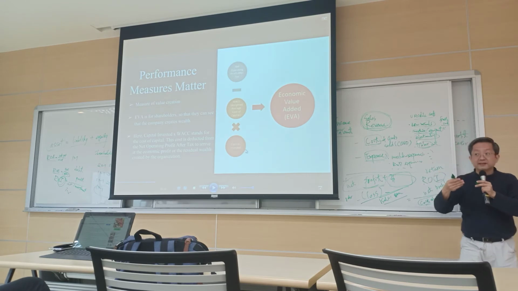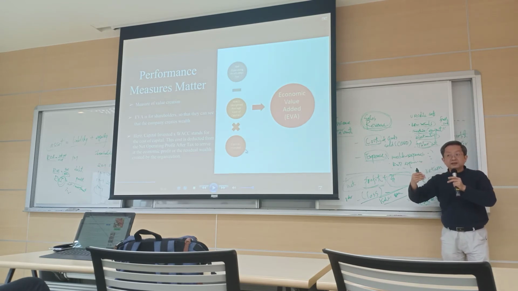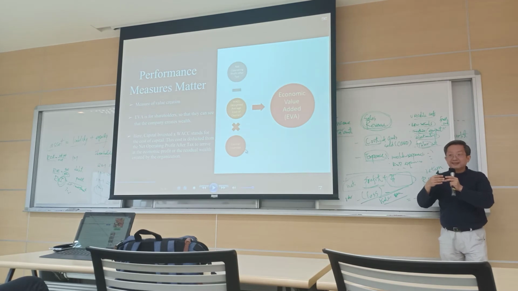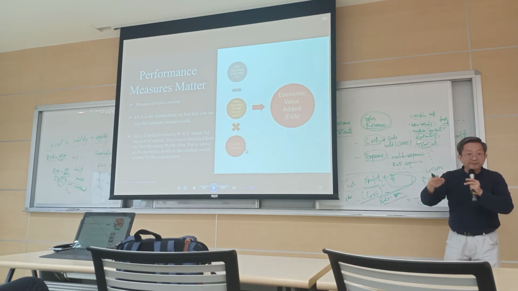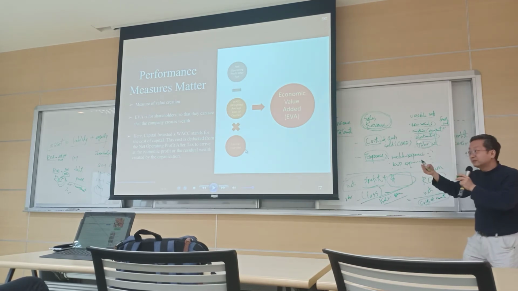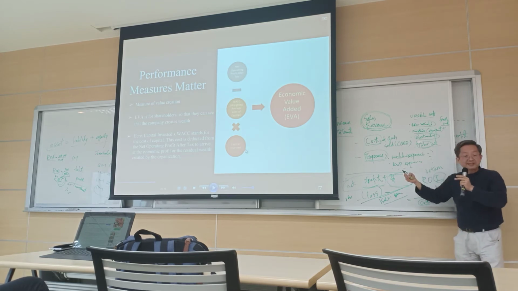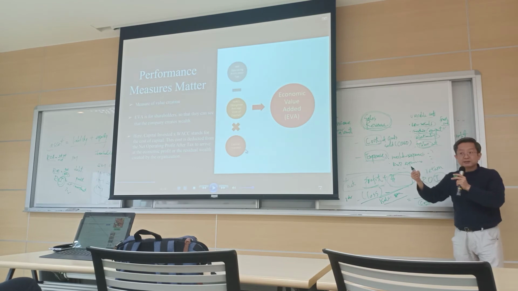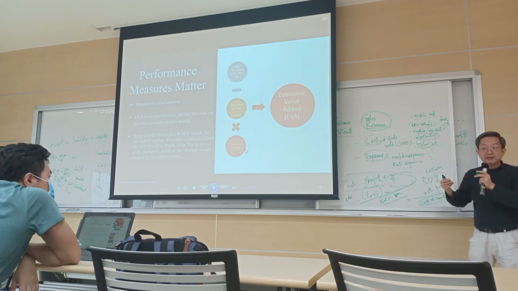Lower the cost. If we lower the cost, everything else being equal, we're going to have higher profits. But if we lower the cost too much, the quality may suffer. So we need to manage. We try to lower the cost, but without sacrificing the quality or product features, for example.